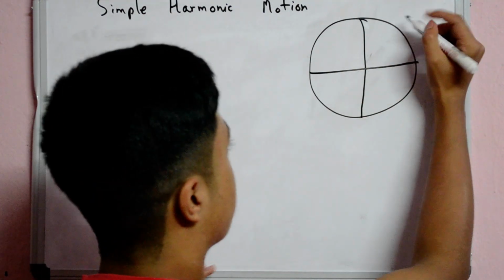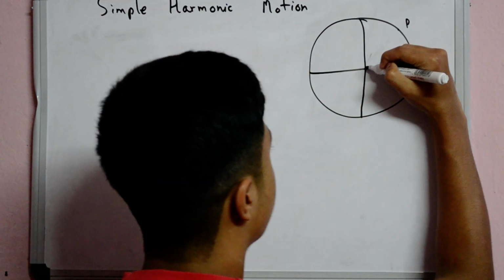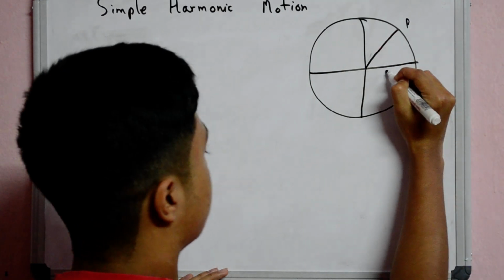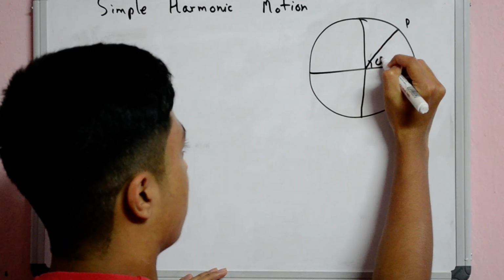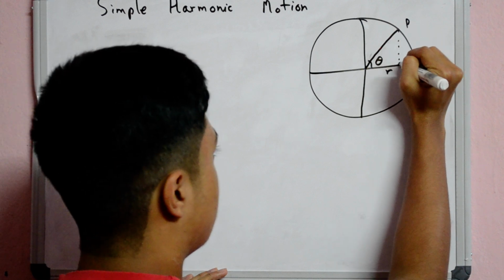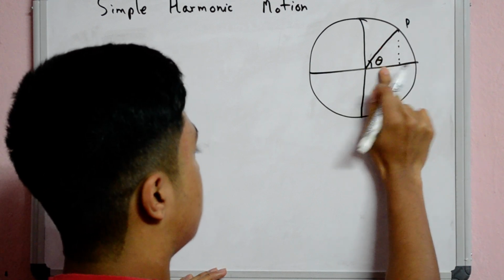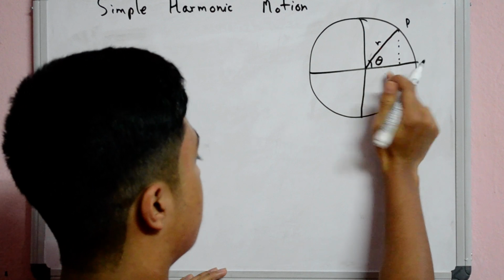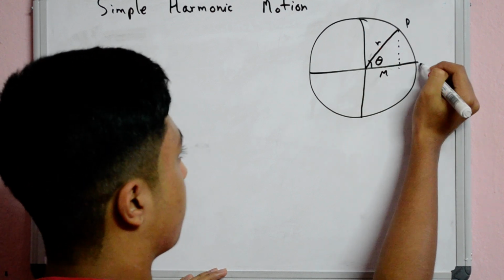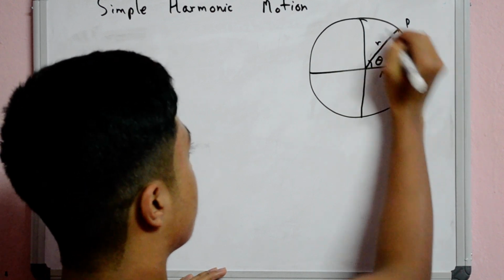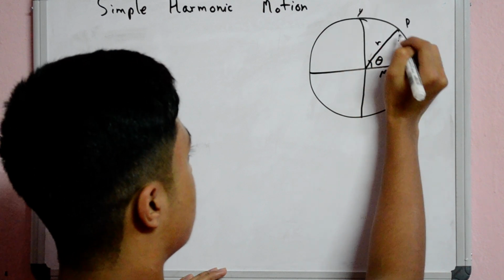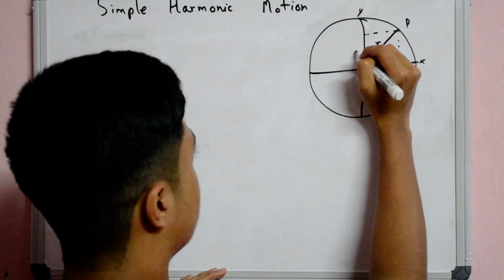Let's say at a point P right here, this is distance r, this is angle theta. Let's say this is r, this is m from the x axis, this is the y axis, and this here is n.